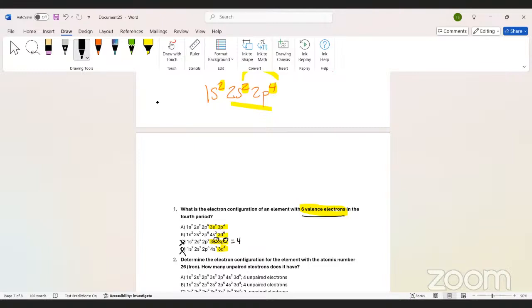So we know it's not letter D either. So it's between A and B. But listen, because it says 6 valence electrons, it has to be letter A because guess what? 6 valence electrons is in the P block. So the answer is letter A.